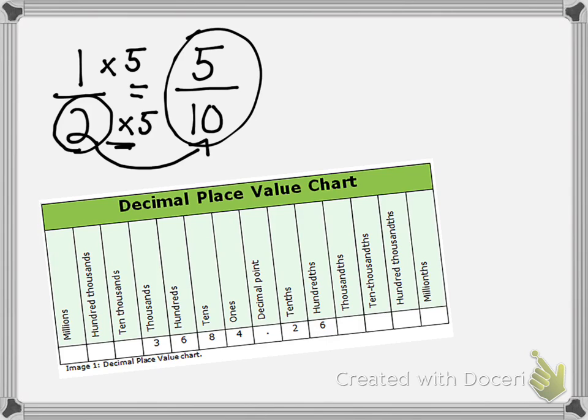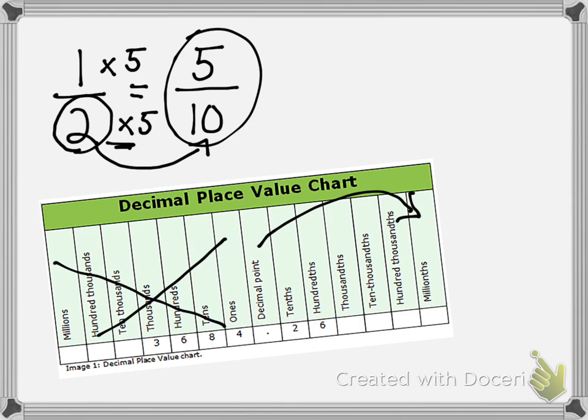So if we look back at our decimal place value chart, we will see that this fraction is not a mixed number. So we do not have a whole, so we do not have to focus on the left side of the decimal point. We need to locate the right side of the decimal point, because the right side of the decimal point is the fraction.